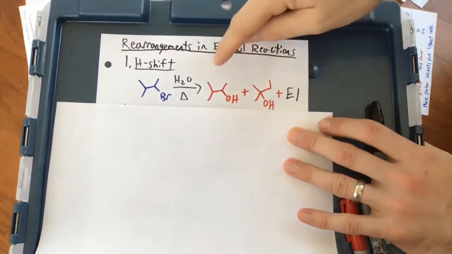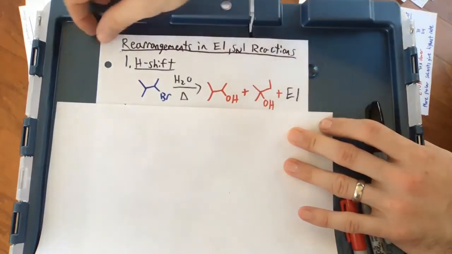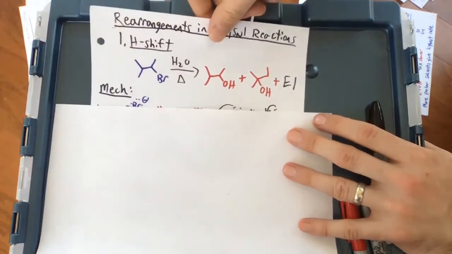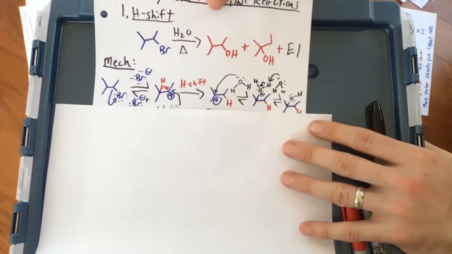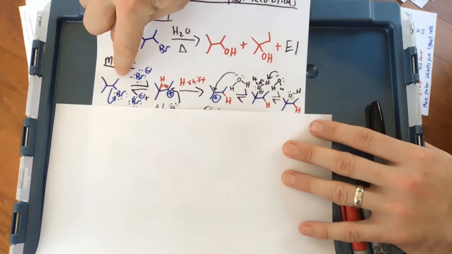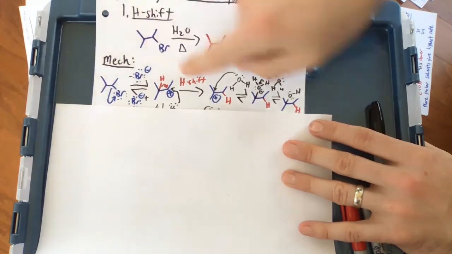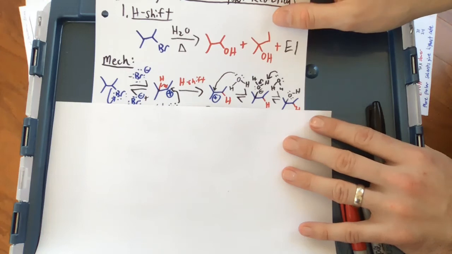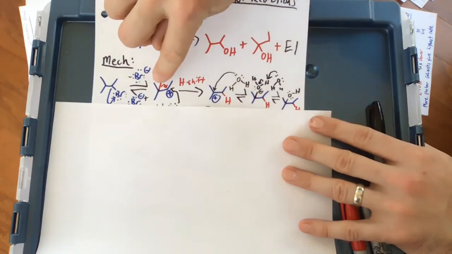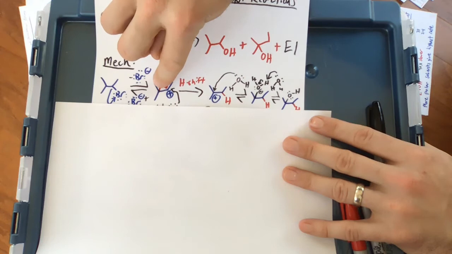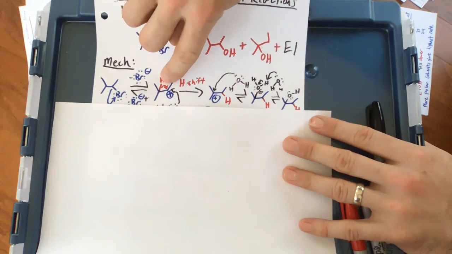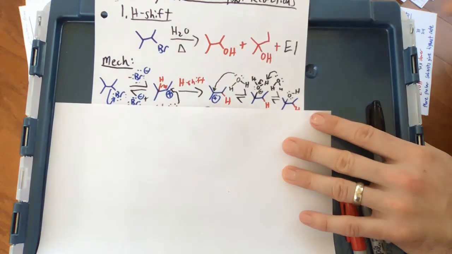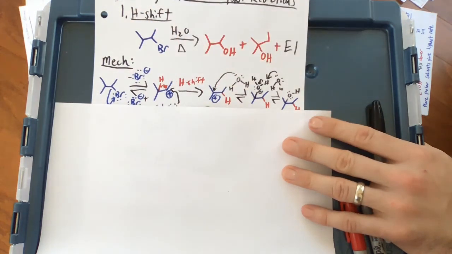And the reason why you have two is more clear if we draw out the mechanism for this reaction. It follows the basic scheme in that you have a leaving group leave first to make your carbocation. But you can have a hydride shift from the tertiary carbon here to this secondary carbon, which makes a tertiary carbocation, which is much more stable than the secondary carbocation.